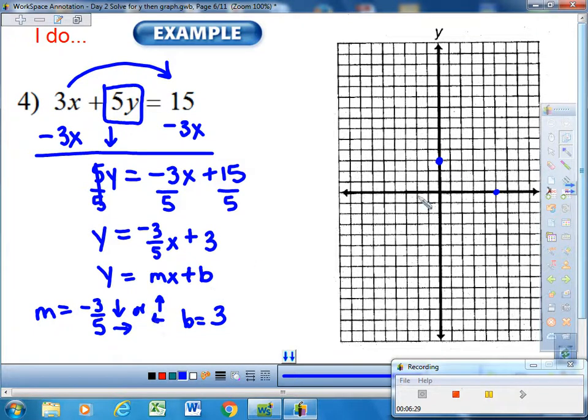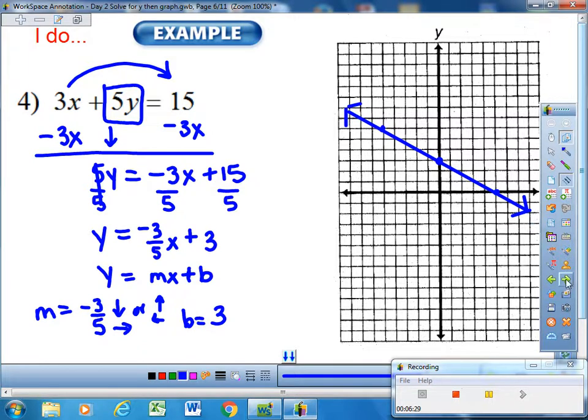I can go up 3 to the left 5. And then with your straight edge, draw your arrows.